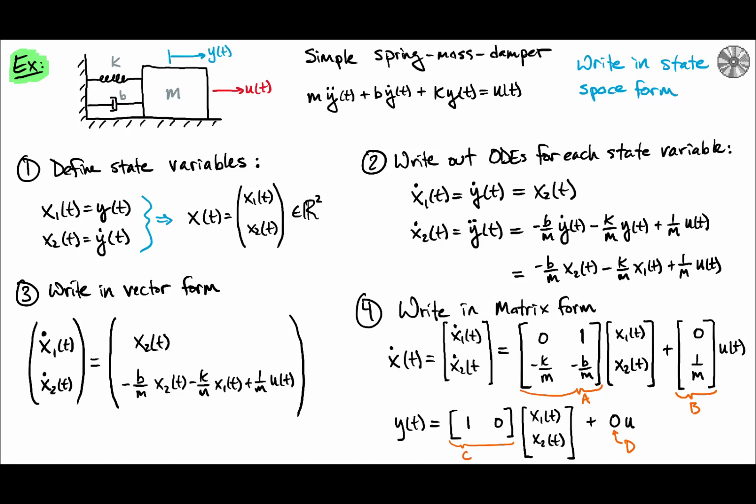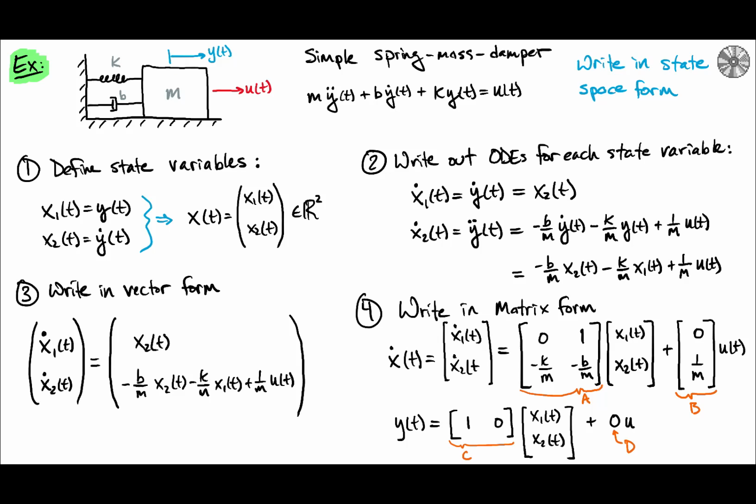And so if we do that, let's just write those in vector form. So that means x1 dot is equal to x2, and x2 dot is equal to that expression that we found, minus b over m x2 minus k over m x1 plus 1 over m u. So now we've just written that in vector form, and now our goal is to write this in matrix form.